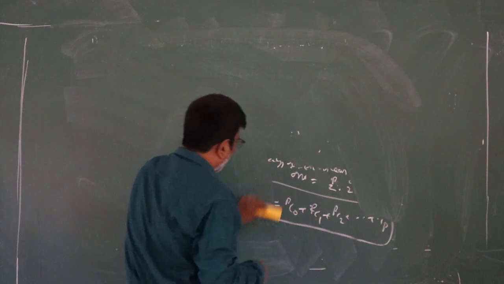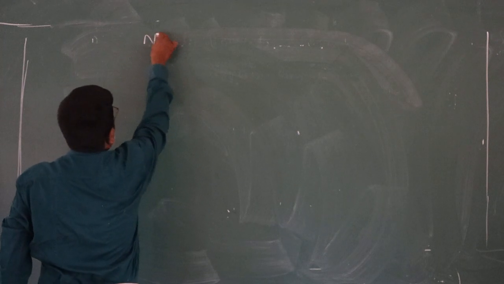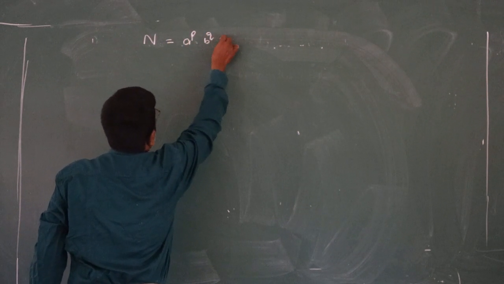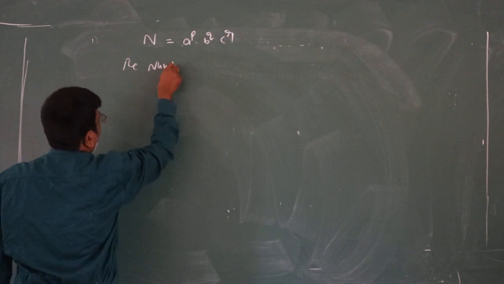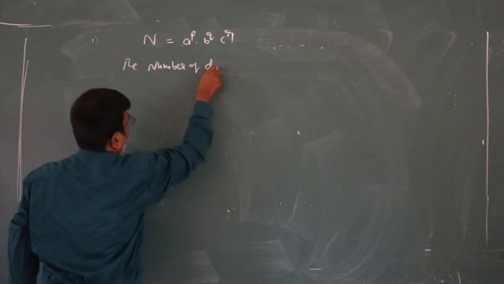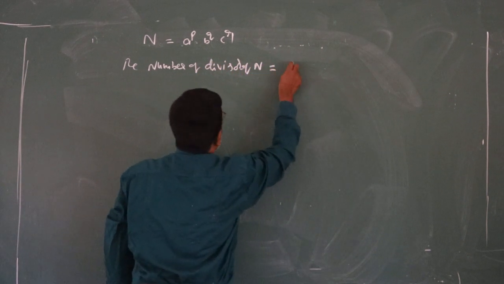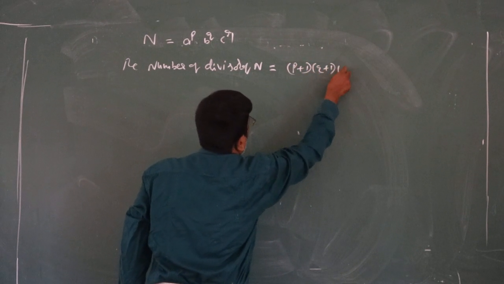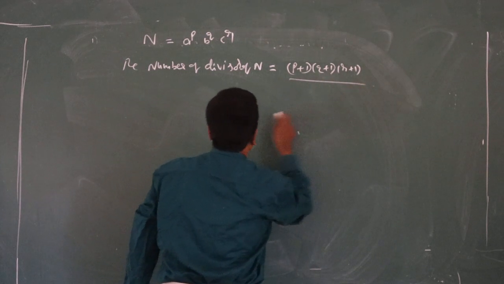How can we find the number of divisors? Let the number n be a power p, b power q, c power r. Then the number of divisors of n equals (p plus 1) into (q plus 1) into (r plus 1). That is the number of divisors.